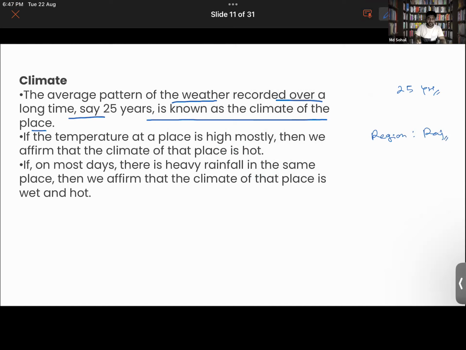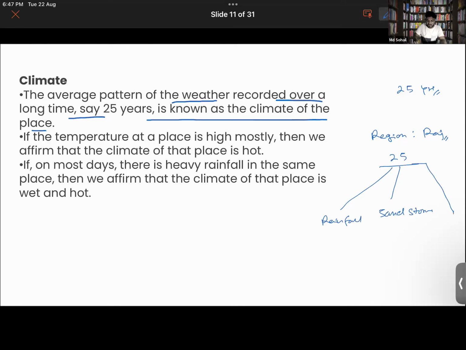It's not like in all these 25 years there was no rainfall in this region, or there was no storm. Getting what I'm trying to say? In 25 years, there must have been rainfall also. Yeah, there must have been sandstorms also.